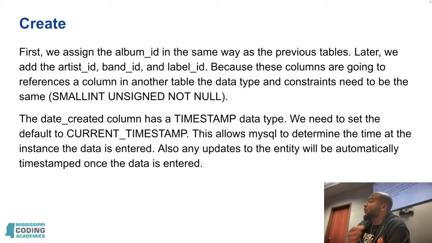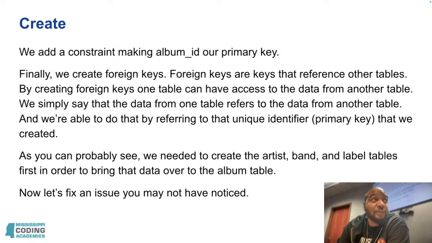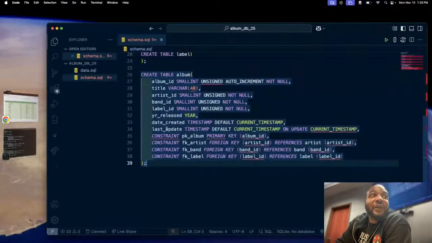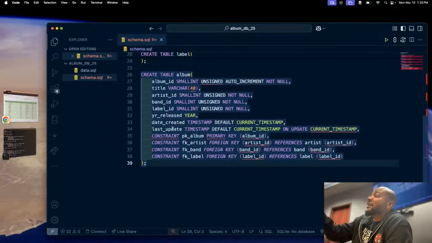Meaning, when we fill out a row of data, we hit enter, send it to the database, and it gets stamped with the date and time that this data was entered. And any update that we make to that data, we have a last update field that will track and say, hey, this is when this update was last made.